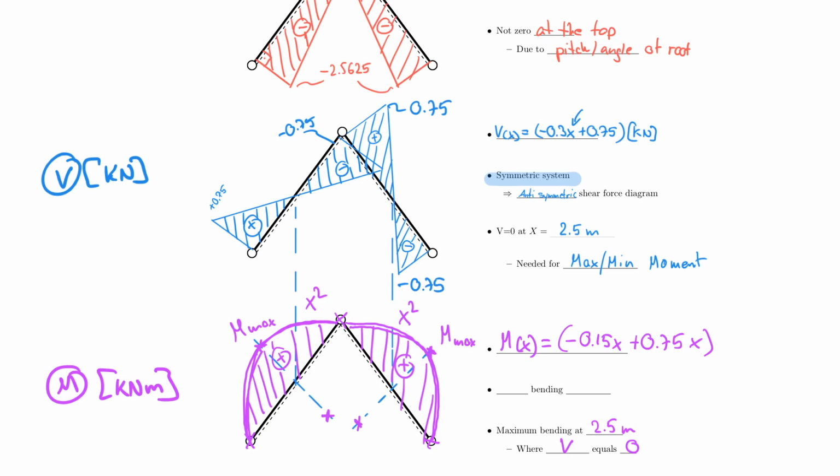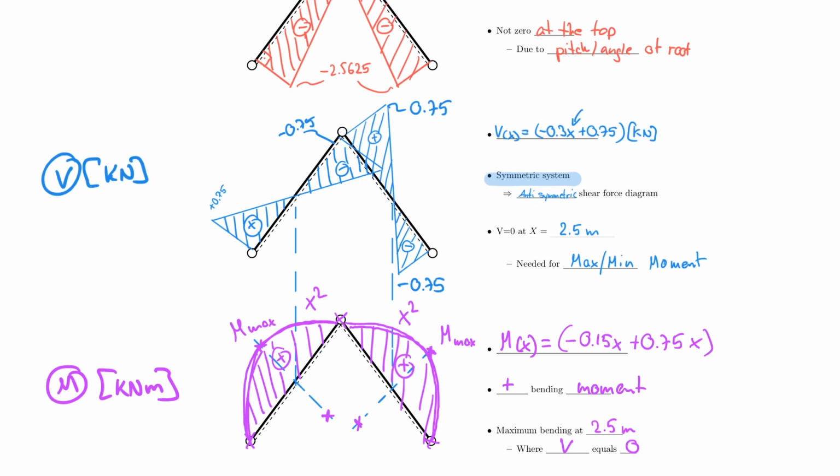And last but not least, we also already talked about the fact that we have positive bending moment. So this is positive bending moment because we have a smiling beam, if you will.